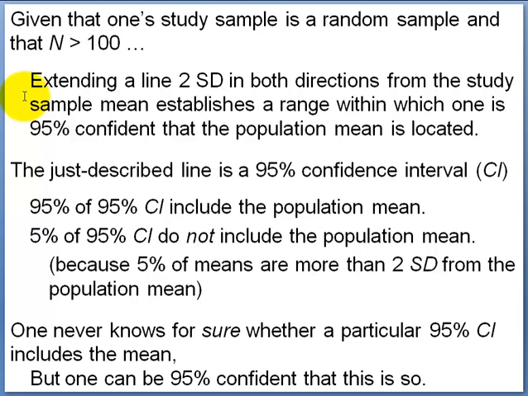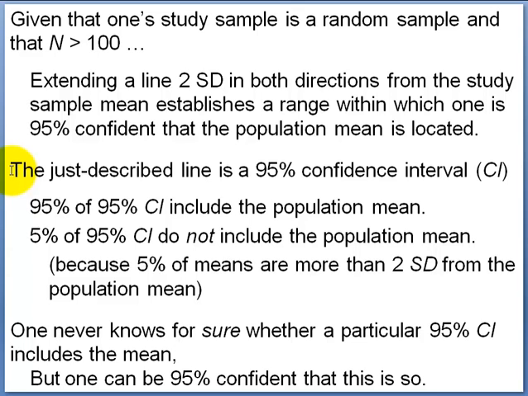And so indeed, if we extend a line 2 standard deviations in both directions from our study sample mean, the study sample being simply one random sample in the sampling distribution, we're 95% confident that that line captures the population mean. In other words, that the population mean is located within the range that that line spans. So, the just described line is indeed a 95% confidence interval.